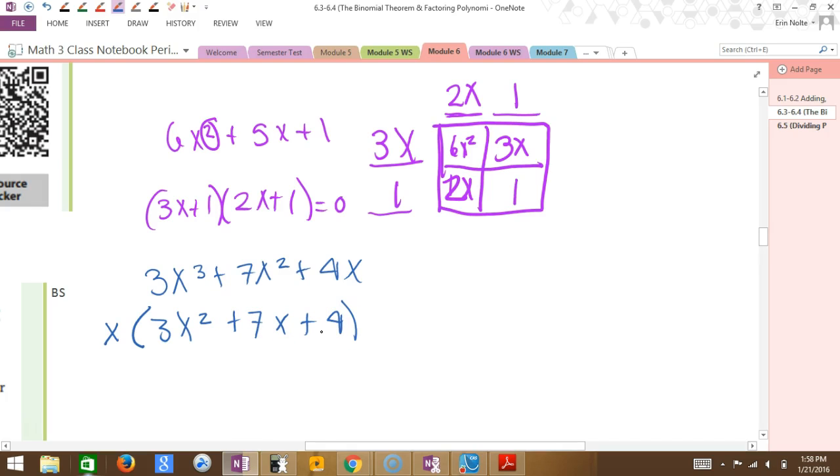Now I have 2 pieces. I have my x, which is already factored out, so I leave it there. And I have this piece inside my parentheses. That looks like something we've seen before, and we can factor that piece using the box method, can't we? Because that's a quadratic function. So let's try doing it.